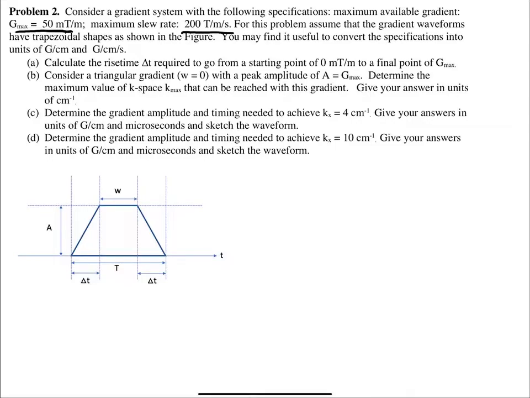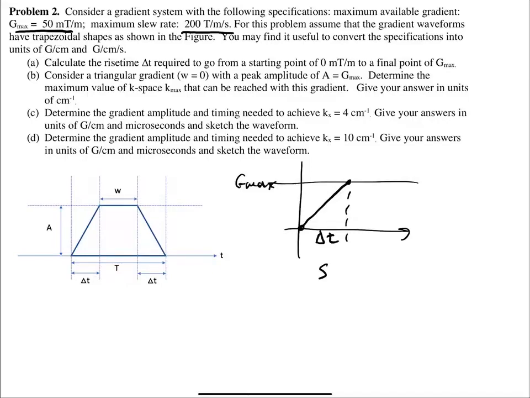So if I were going to go from 0 to G max, assuming some linear slew, in some rise time delta t, the slew rate is simply going to be G max over delta t. That's all it is. That's the fastest I can go from 0 to G max. So basically, given G max and S, you can figure out delta t.